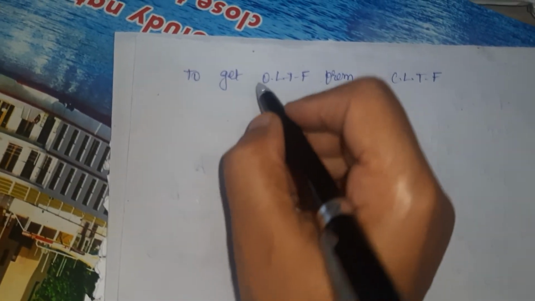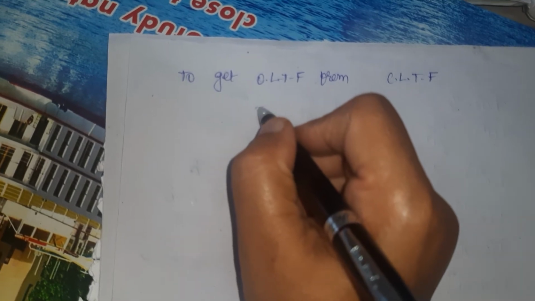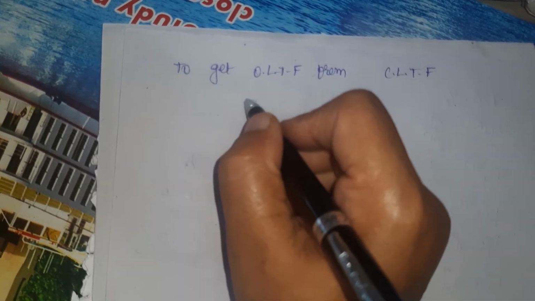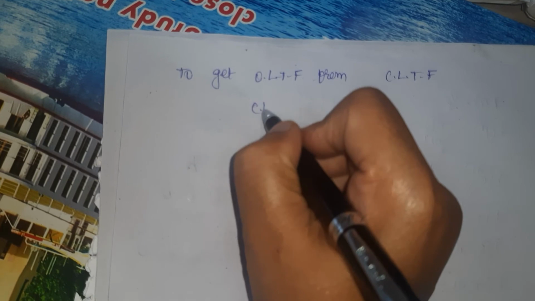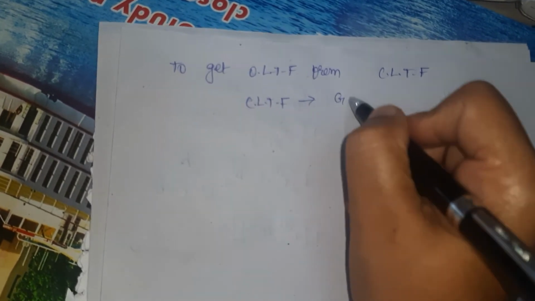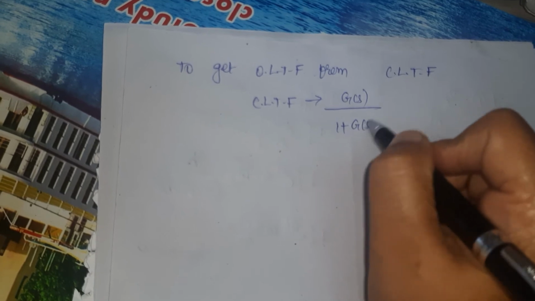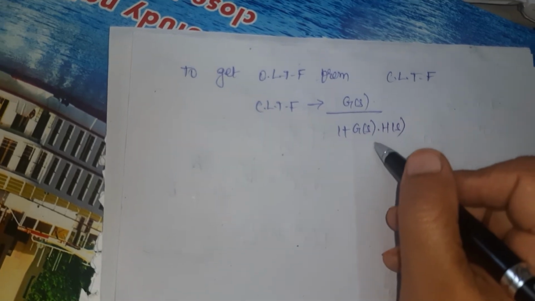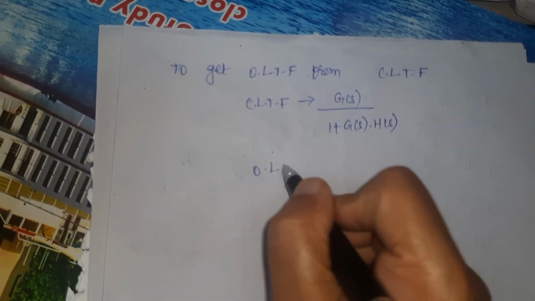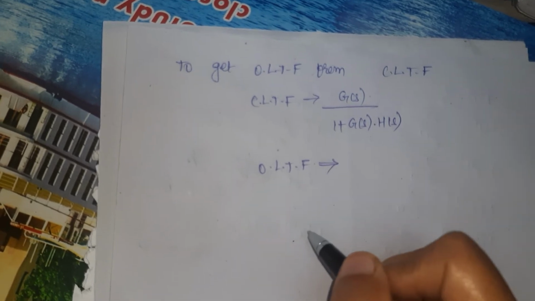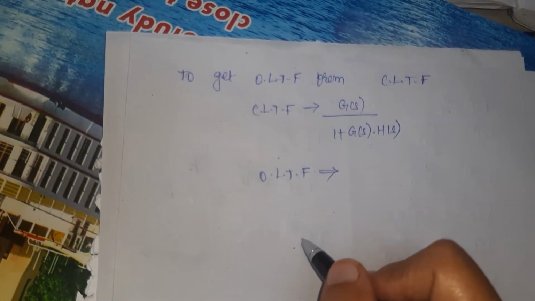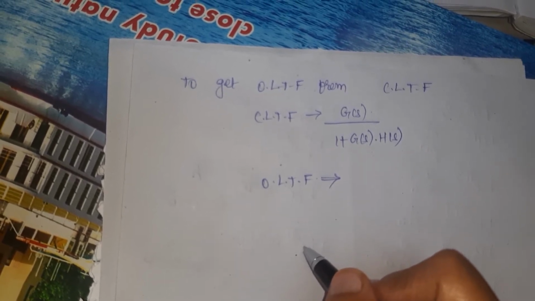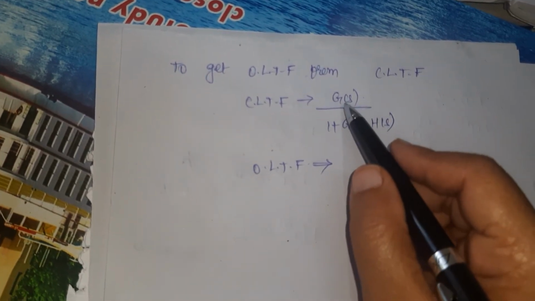The formula is, for the closed loop transfer function, G of s by 1 plus G s H s. So this is the numerator and this is the denominator. To get the open loop transfer function from the closed loop transfer function, what we have to do?